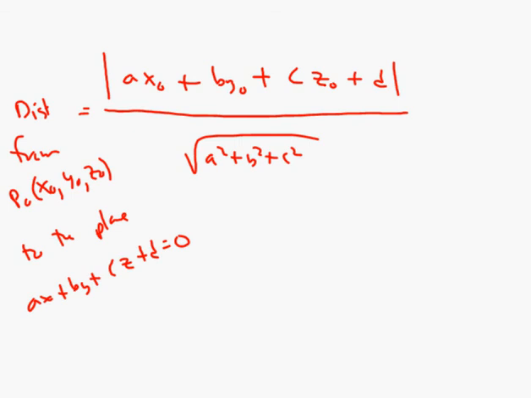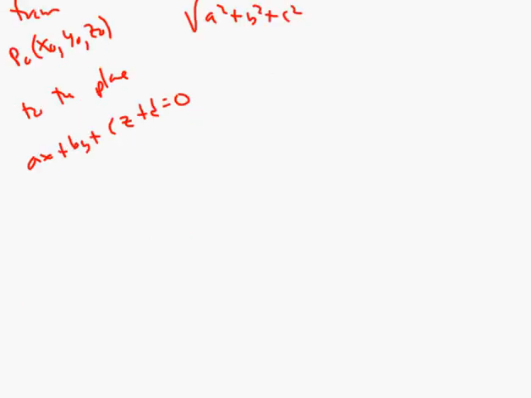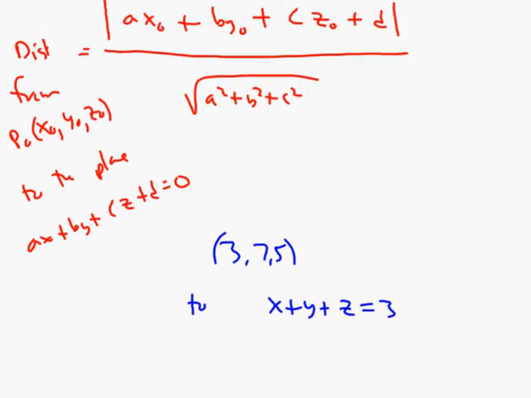Okay? So in the other video, we had done an example. We had found the distance from the point 3, 7, 5 to the plane x plus y plus z equals 3. So this point here is acting like P0.